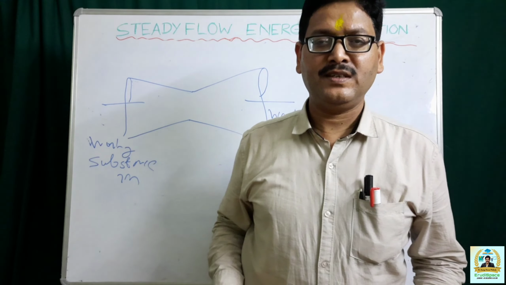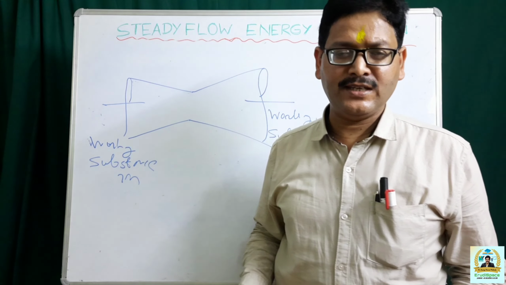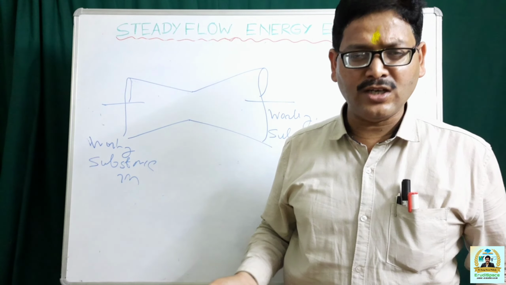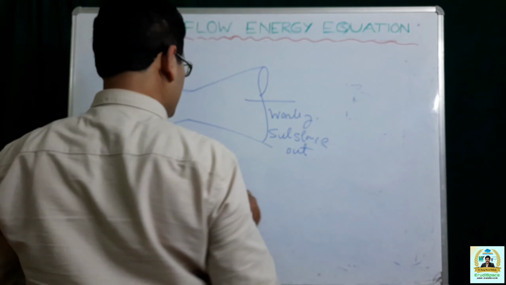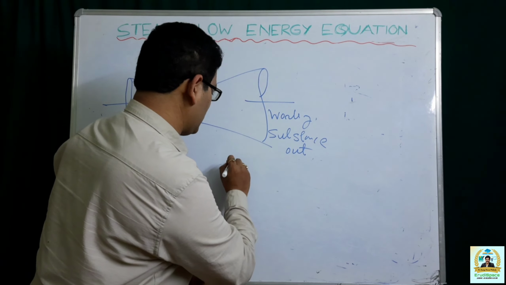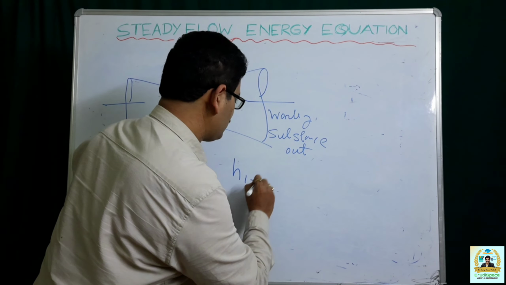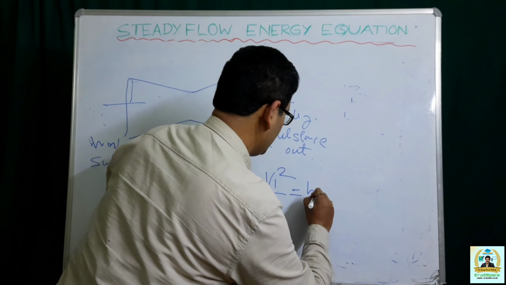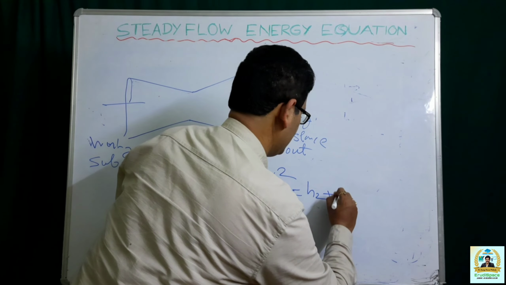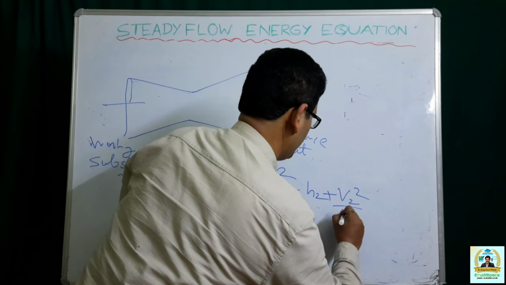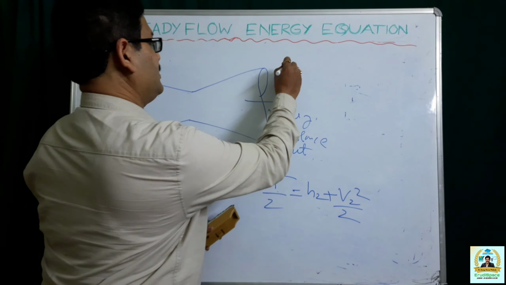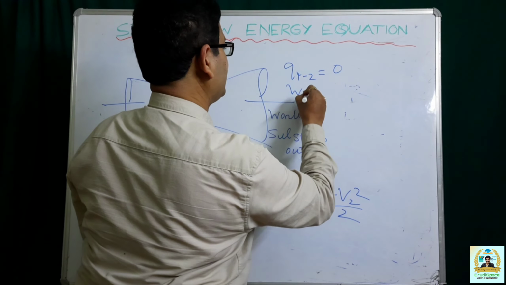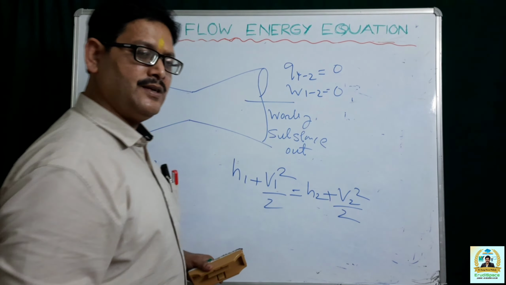In this case, no heat is supplied, no work is obtained or done upon the system. So the energy equation becomes H1 plus V1 square by 2 is equal to H2 plus V2 square by 2, because no heat is supplied and no work is obtained.